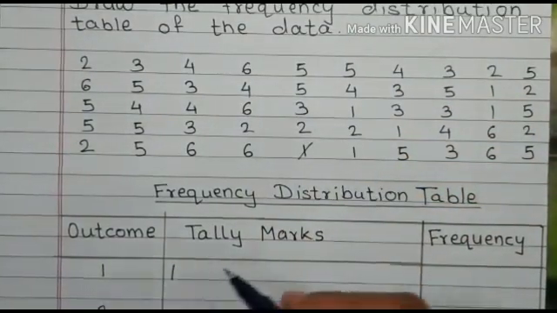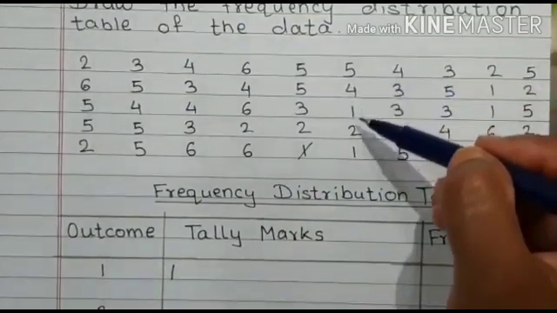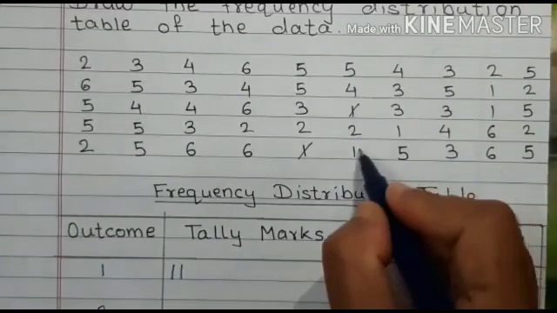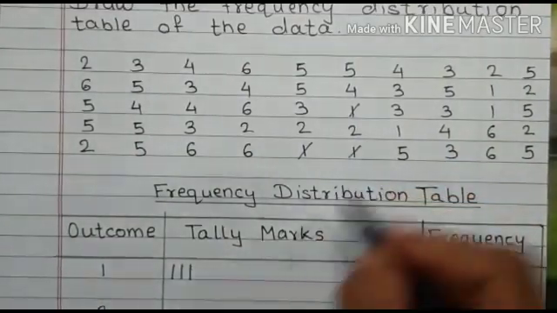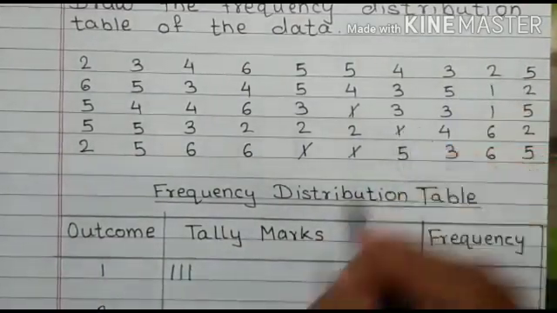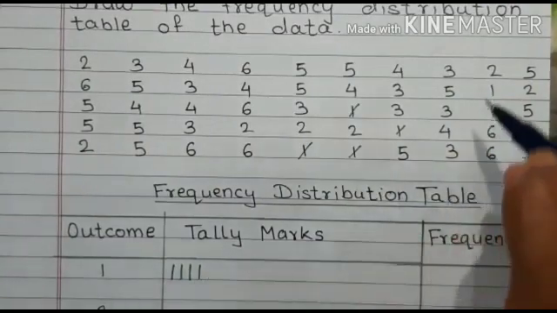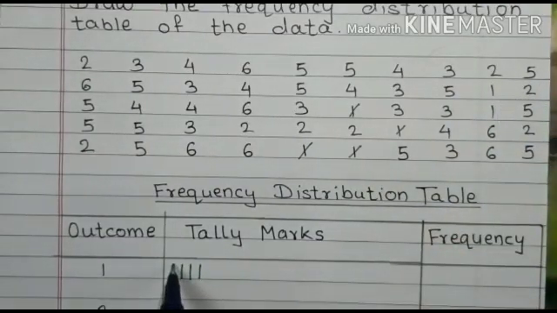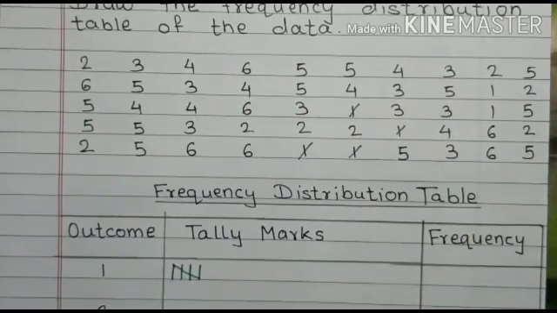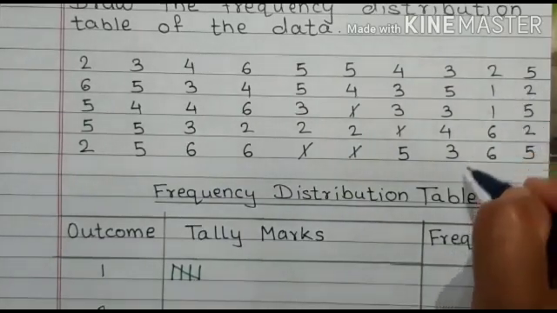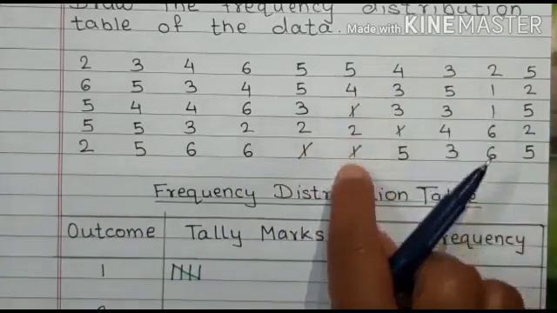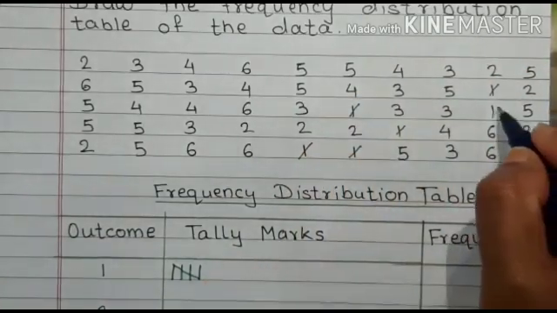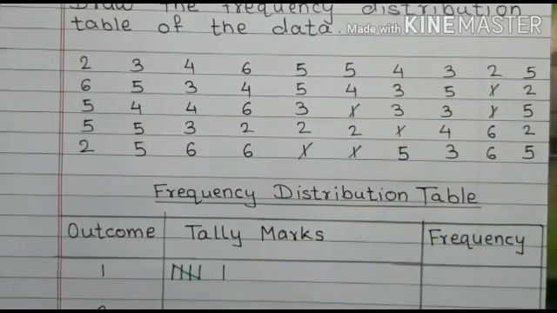Give tally mark for that. Then 2, 3. You are only looking for the outcome 1, 4, then 5. Fifth tally mark, as you all know, we give it a diagonal line. And see 1, 2, 3, 4, 5. I have already given 5 and then this is 6.